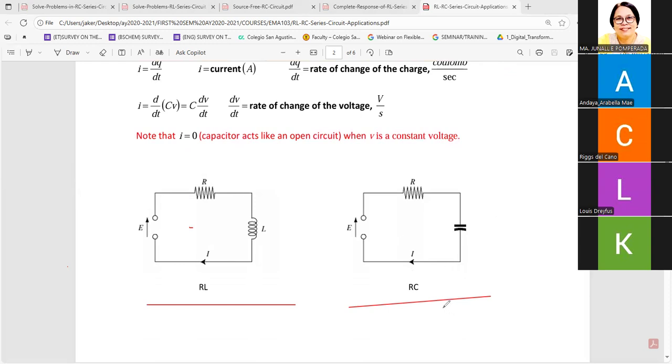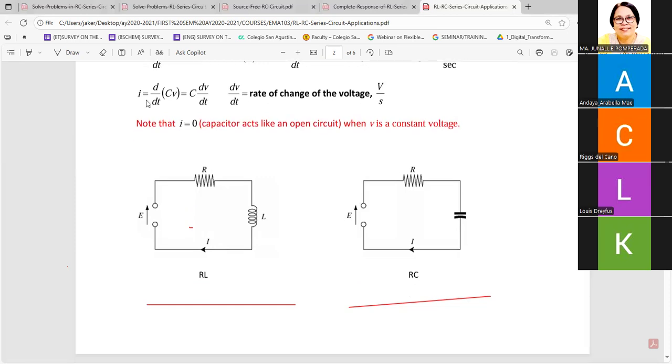That's our main concern, and how we substitute information given in the problem into the differential equations that will represent these two. The other things mentioned above are simply a review of what you have learned before regarding circuit elements: resistor, inductor, and capacitor.